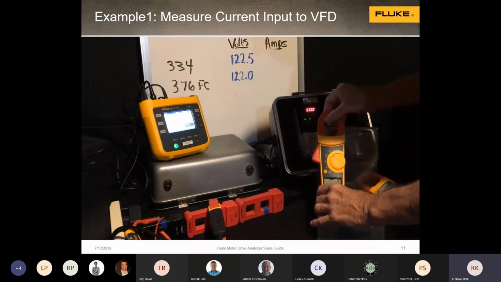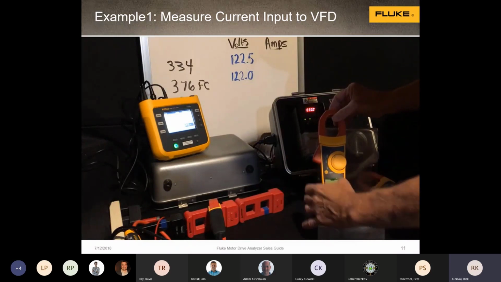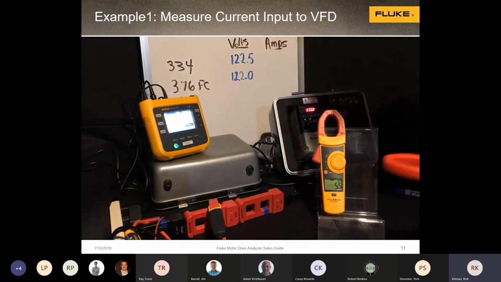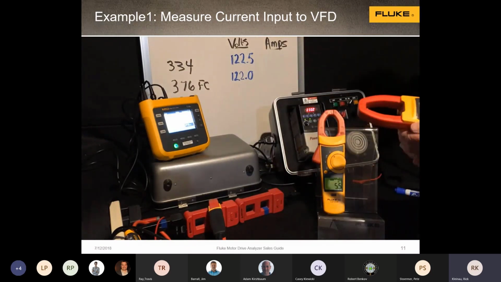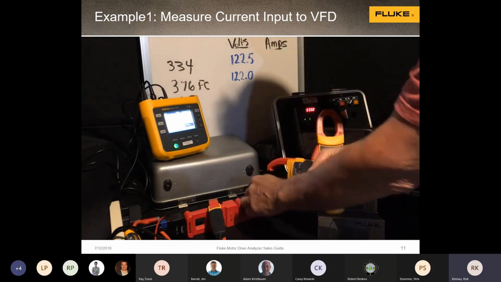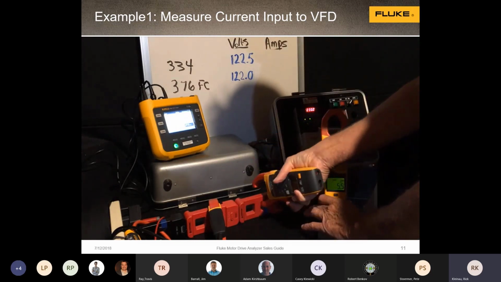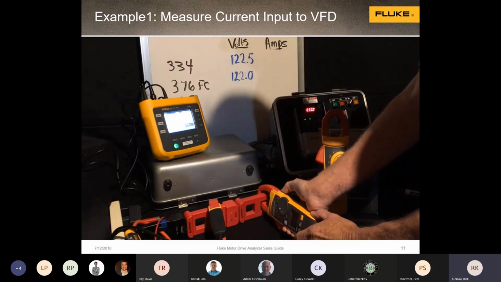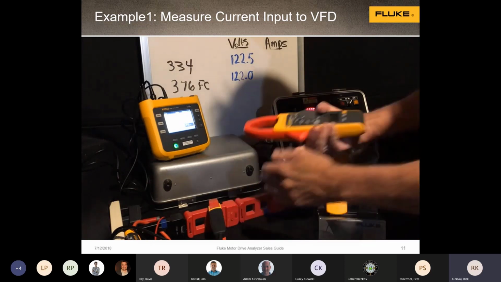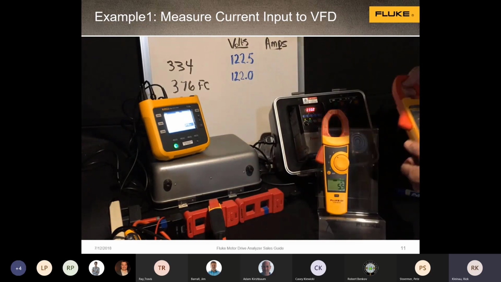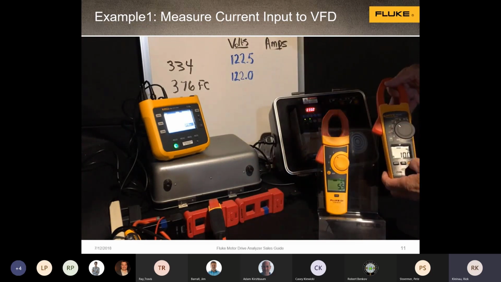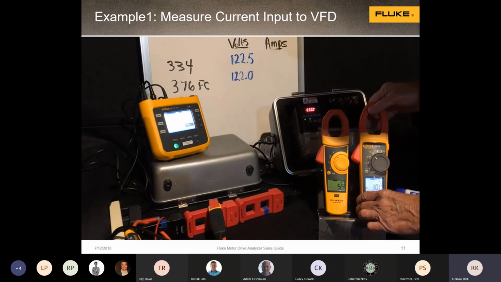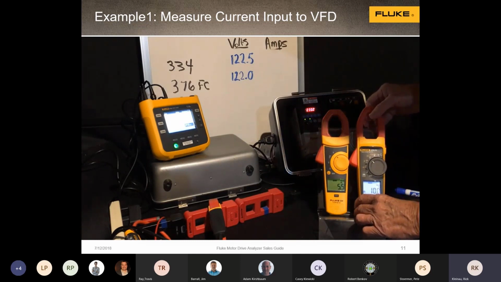Here's my Fluke 334 and the Fluke 376 FC. The beeping's coming from the 376.